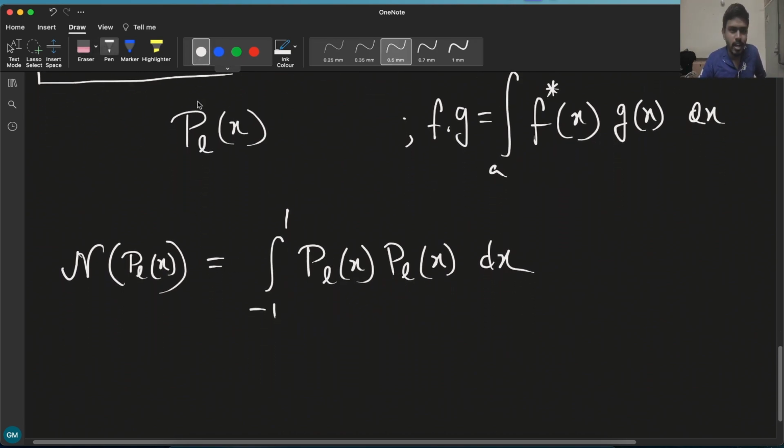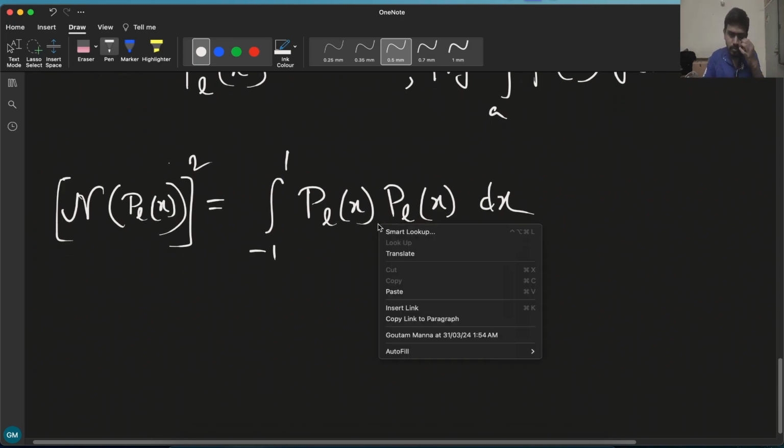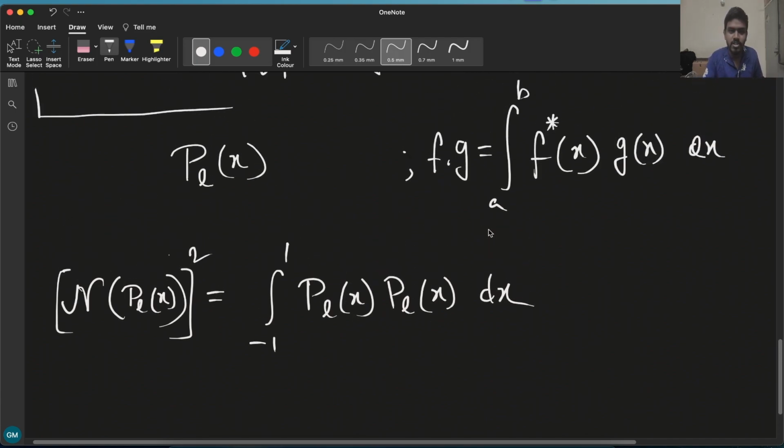So this is basically norm square, the norm of P_l(x) squared. So it is analogous to length square in case of three-dimensional vectors, but here there is no notion of direction and length. So it's just the algebra.